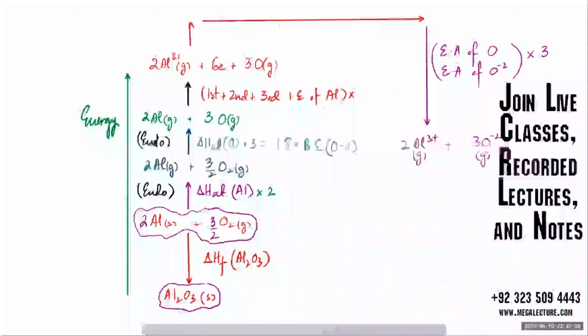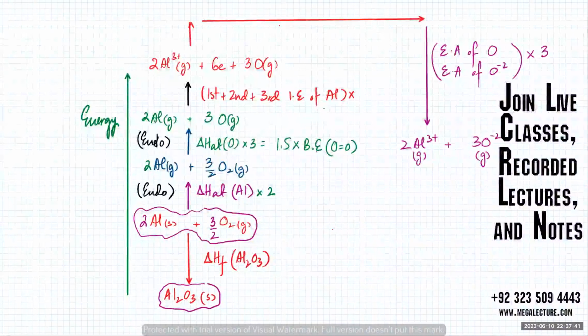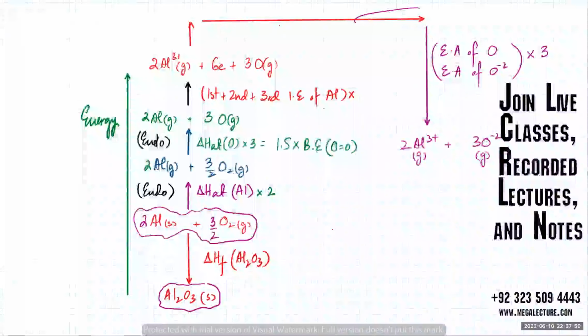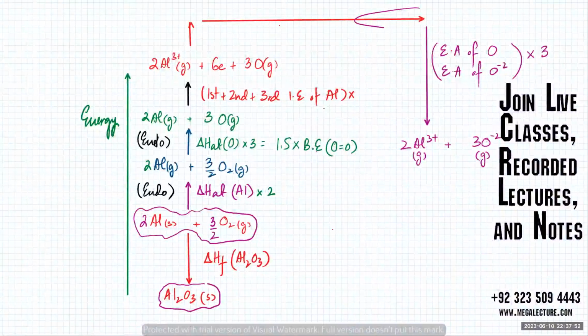Why did you do the arrows that way? I didn't understand. That's because electron affinity is exothermic, at least the first one is exothermic. Endo is going up. Okay, so now it's going the opposite way.